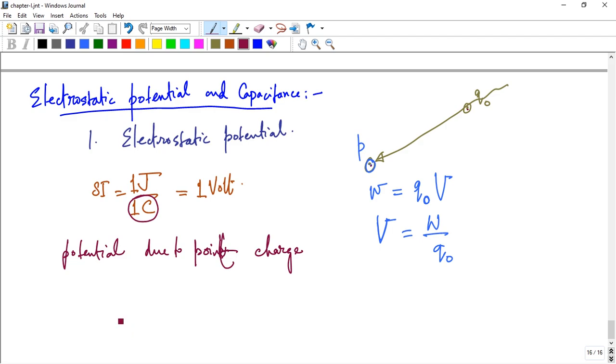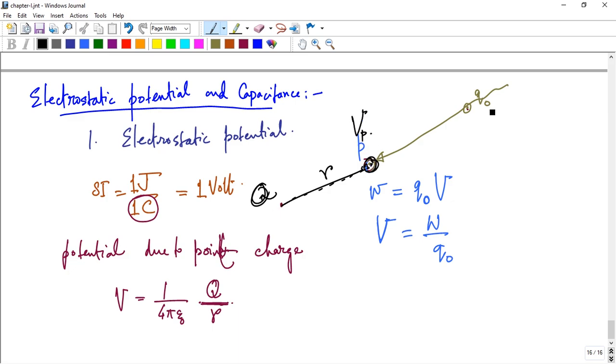Okay, so here suppose there is a point charge. The potential V is equal to 1 over 4 pi epsilon naught, the permittivity of free space, times the source charge Q over R. Suppose a source charge Q is here, and the distance is R. So the potential at point P, say V P. That's the source charge, that's the test charge.